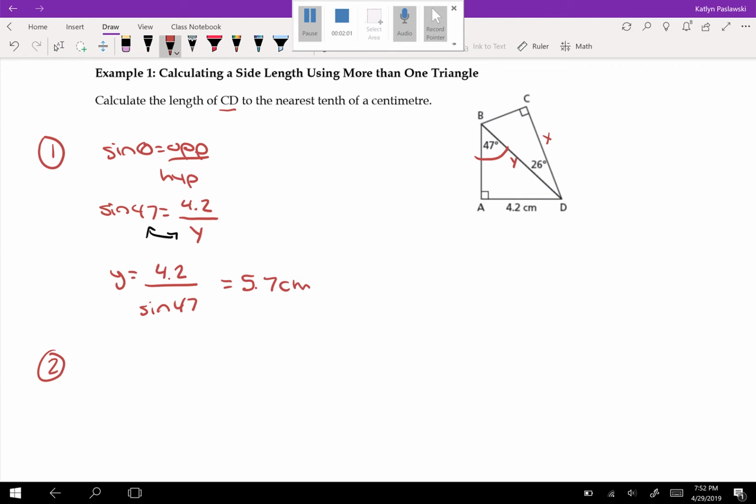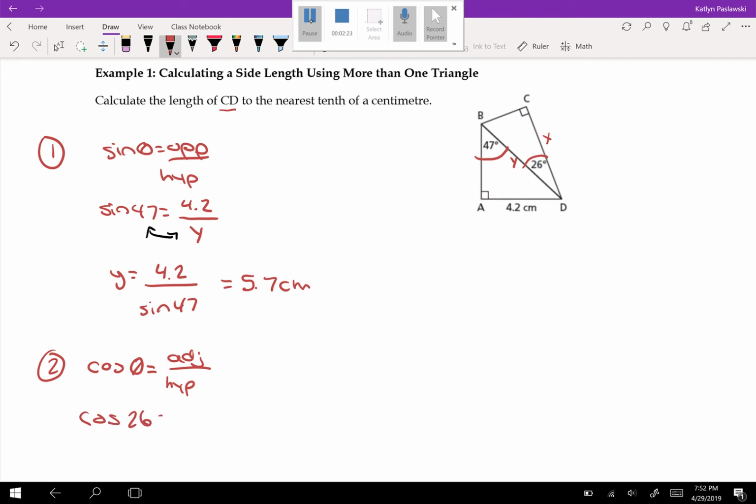So the second step, I recognize that I have the hypotenuse and I want to solve for the adjacent next to angle D, that is 26 degrees. So I'm going to use cos. So cos is equal to adjacent, which is the value we want to solve, over hypotenuse, the value we just solved.